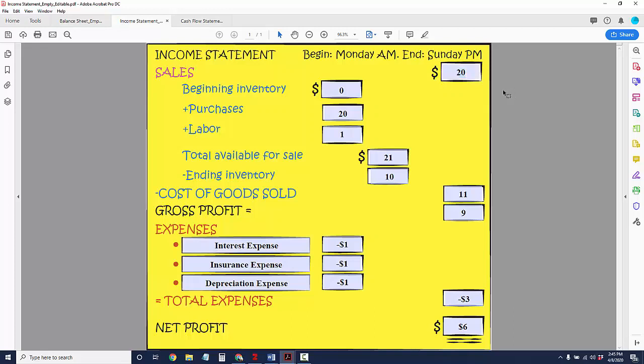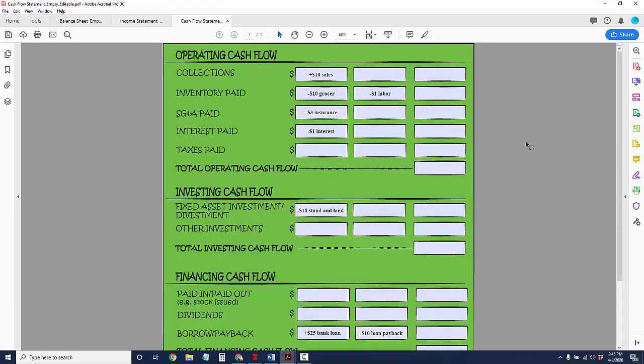So nothing really changes to the income statement. Since there is a cash transaction involved here, there would be a change on the cash flow statement. And basically, it would go under collections because you receive money from sales. You receive $4 here, and it comes from accounts receivable.